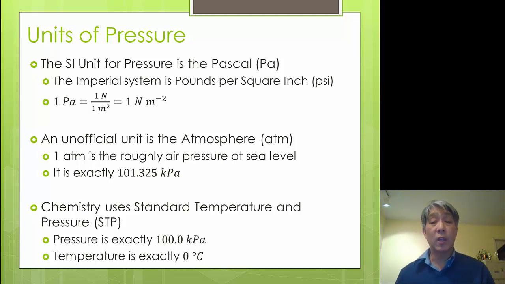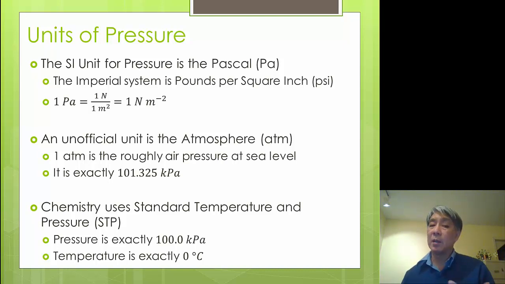An unofficial unit that we'll run across frequently is the atmosphere, or atm. One atmosphere is roughly the air pressure at sea level. Because that changes with weather, and even sea level changes, it's not an exact unit, until they defined it to be exactly 101.325 kilopascals.